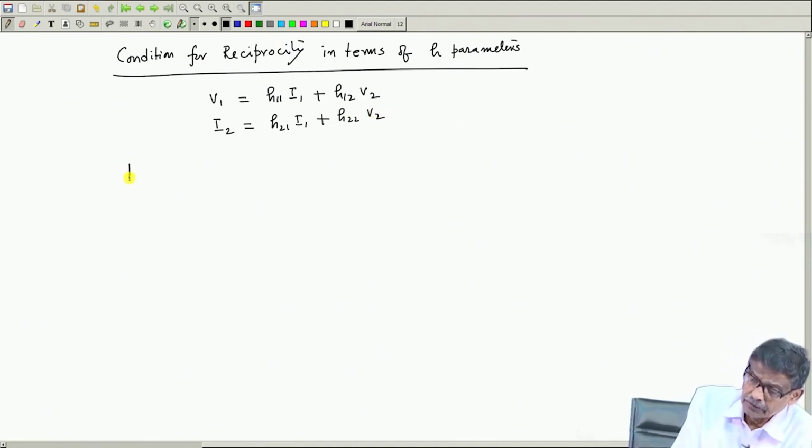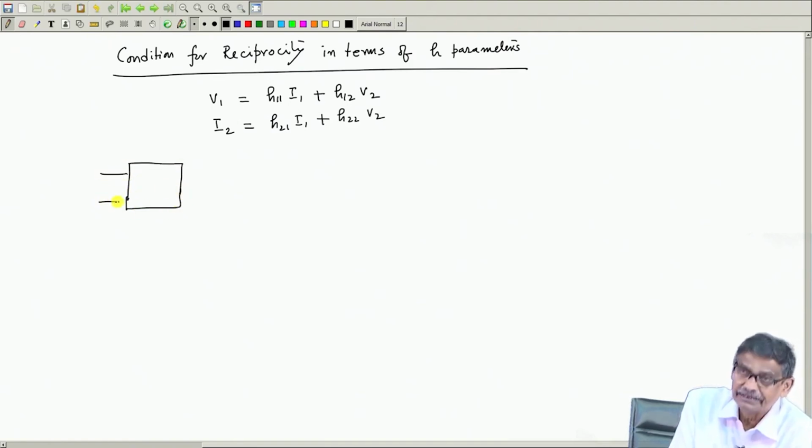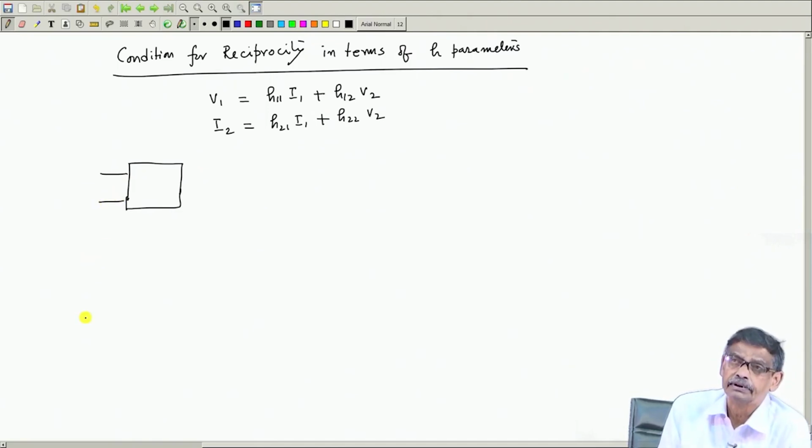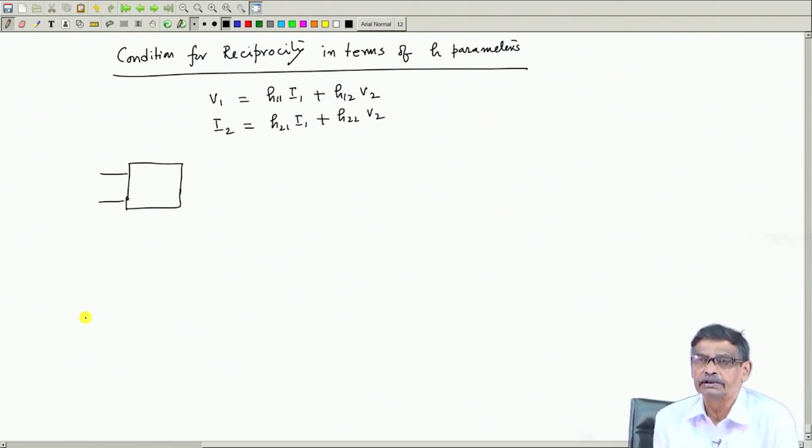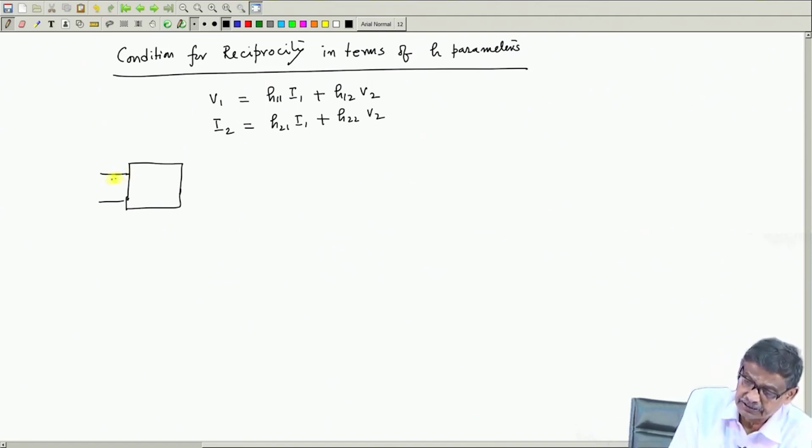Once again, the rule for verifying reciprocity remains the same, why should it differ? It does not matter whether you are expressing a two port network in terms of H, Y or Z or in terms of ABCD. That condition is to be satisfied.